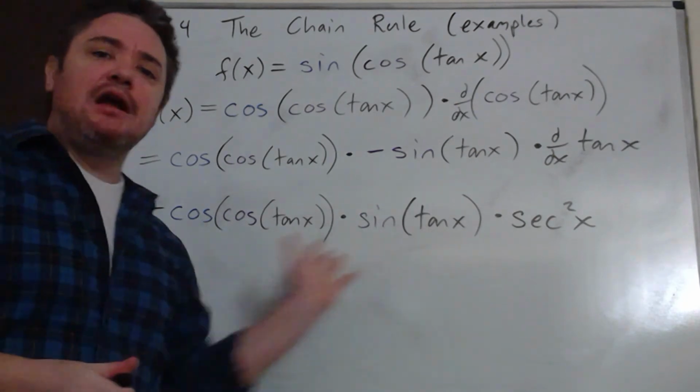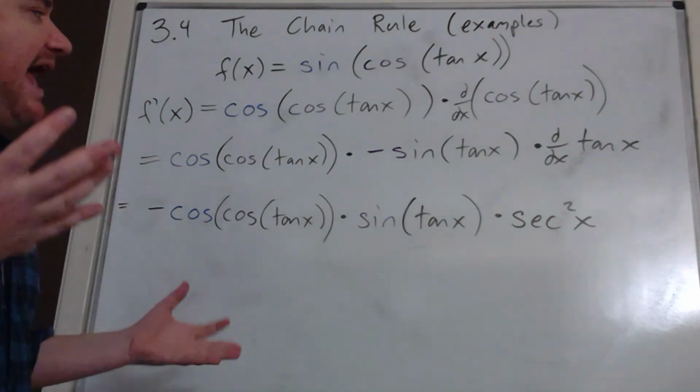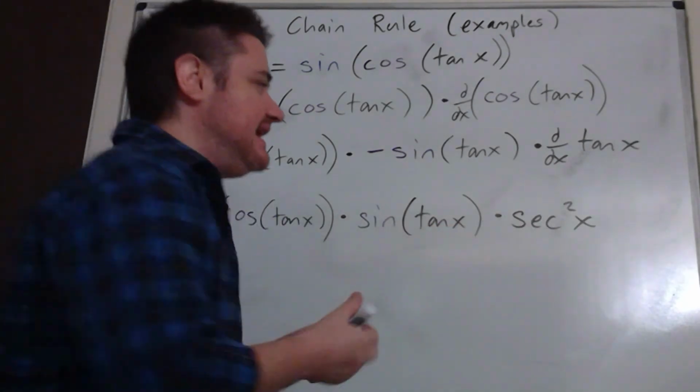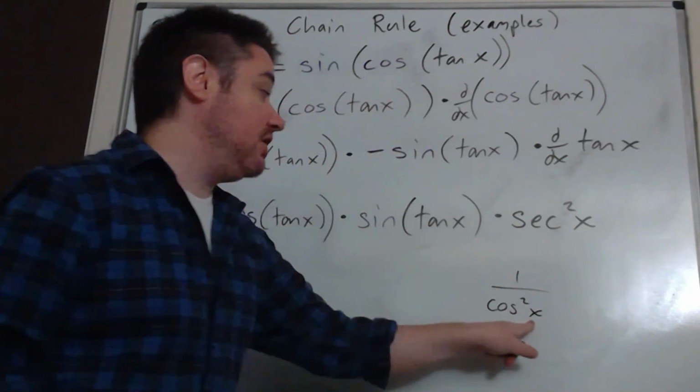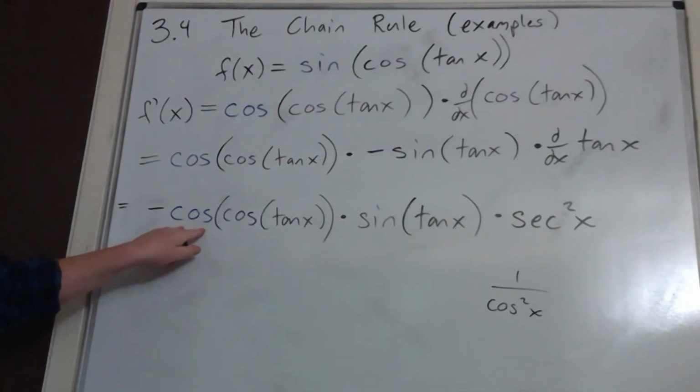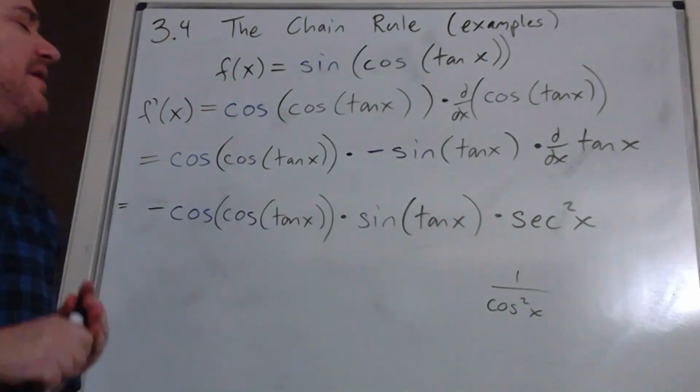Is there anything I can clean up with this now? No, not really. And so you might be saying, well, secant is 1 over cosine, so I've got 1 over cosine squared of x. So I've got cosines in the denominator, I've got cosines in the numerator. Can I somehow cancel if I convert that secant over? But you can't.